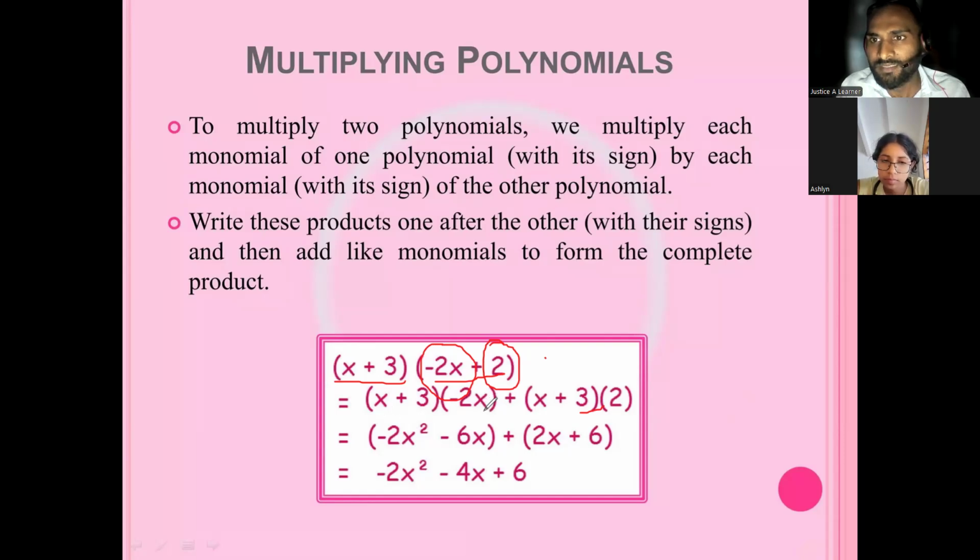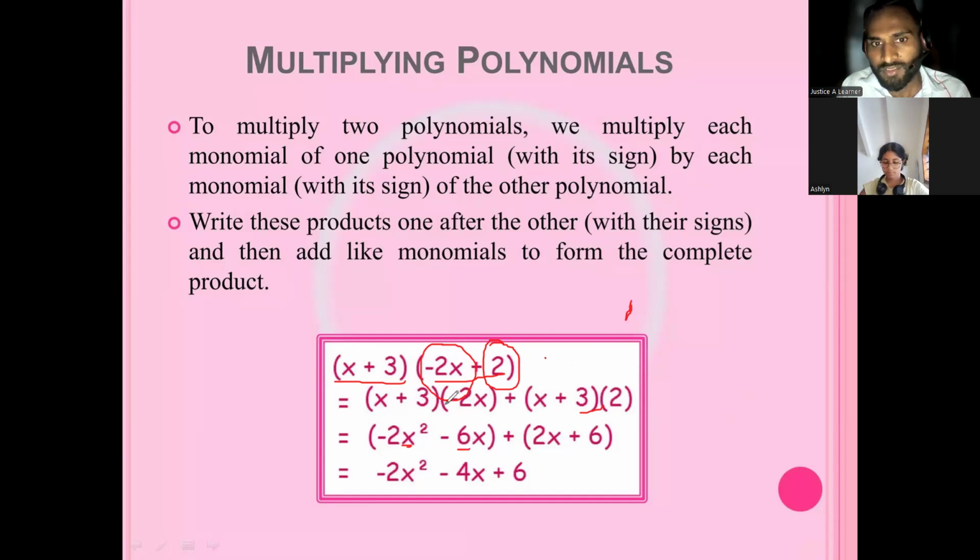is equal to x into x. Not 2x. x into x is equal to x squared, correct. So here it is x squared, and then 2 into 3. So it will be positive 3 and negative 2, so it will be negative 6, right?